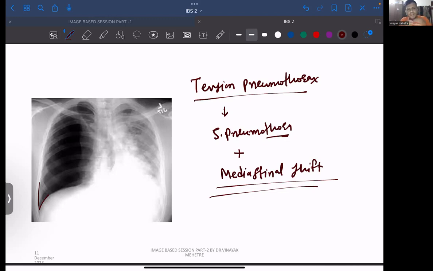Again any kind of thorax: pneumo, hydro, hydropneumothorax, pleural effusion, answer is intercostal drainage. We will put a tube from the mid axillary line, यहाँ पे डालेंगे हम. वही उसकी मैनेजमेंट है.